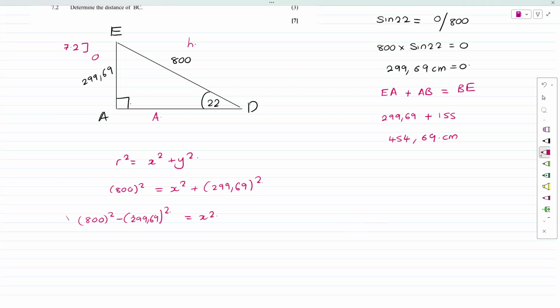If any of you don't understand Pythagoras, we can do a lesson on it, but just to keep everything nice and neat. And I end up with 741.75 centimeters. So this is 741.75 centimeters.